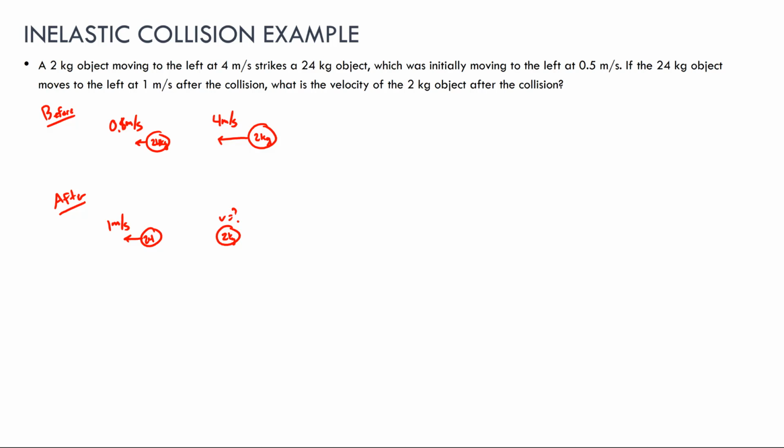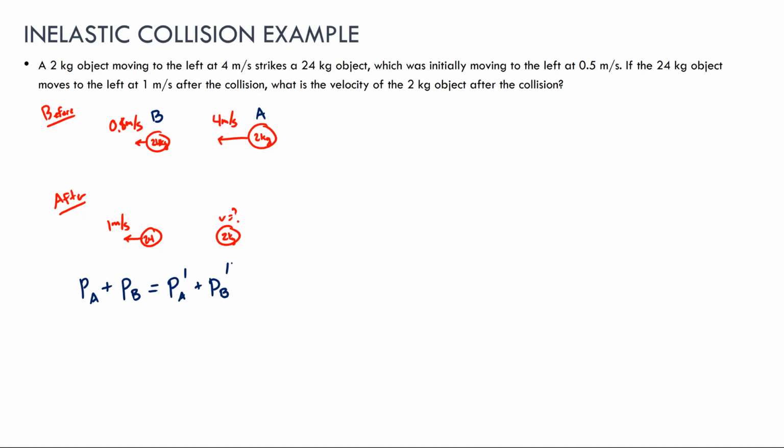Just to begin then, we know that the momentum of object A, let me just call the 2 kilogram object A and the 24 kilogram object B, just to clarify. The momentum of A before plus the momentum of B before is equal to the momentum of A after plus the momentum of B after.